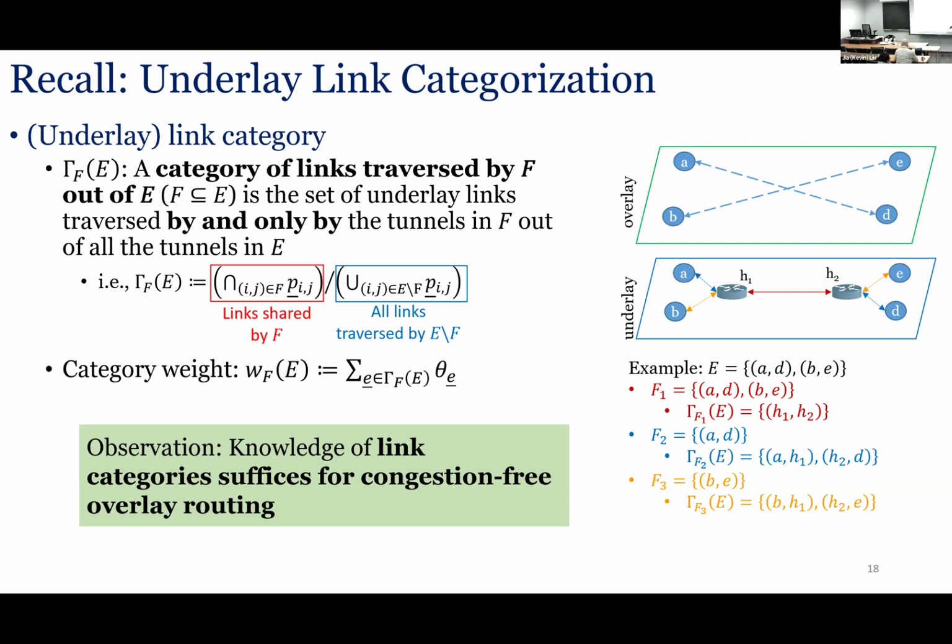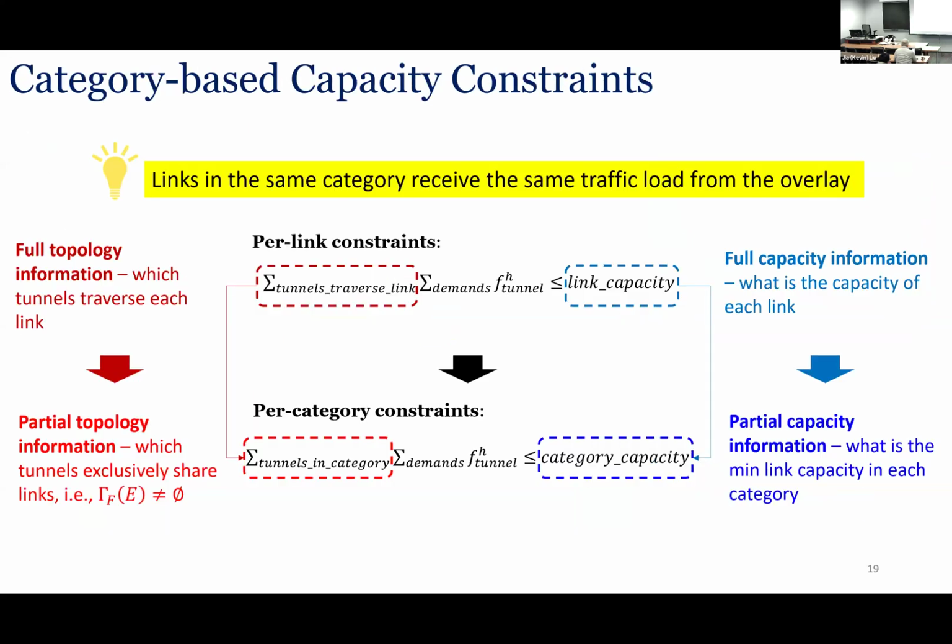But the key observation here, where we leverage this prior knowledge, is that I claim the knowledge of categories will be sufficient for our goal of congestion-free overlay routing. So why is that? At a very high level, you can imagine you are only steering traffic between overlay nodes at the granularity of tunnels, at the granularity of overlay links, right? Because you're doing so from the overlay provider's perspective.